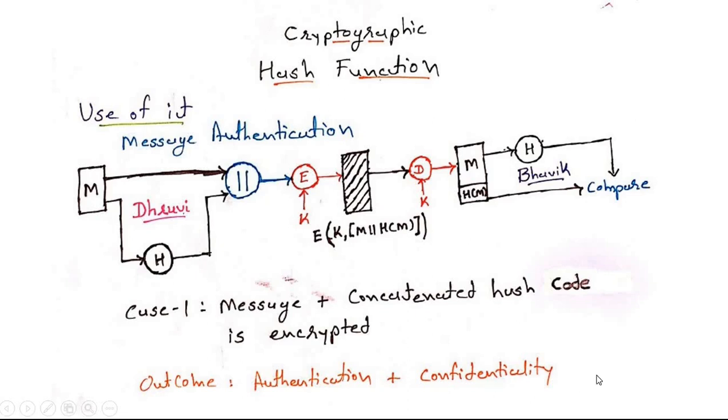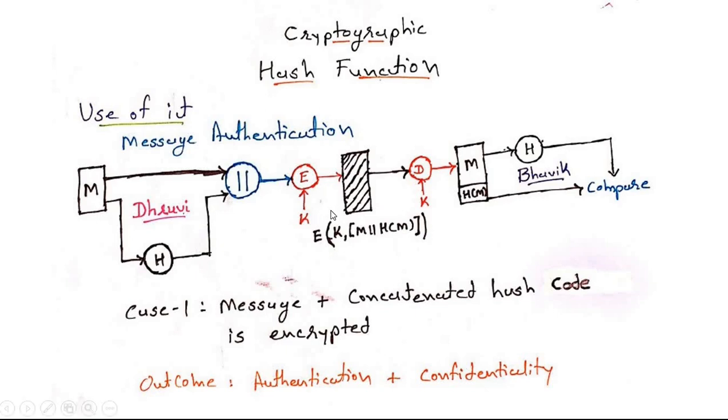And confidentiality means Bhavik is receiving the message without any interference; the message is confidential. No one can interact with the message in between, in the channel. So that is our first case, where we have applied hash code plus encryption.